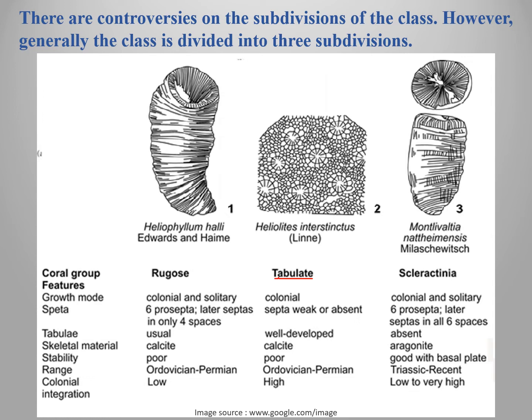The rugose corals may be solitary, that means they may occur as a single corallite, or they may also occur in a colonial fashion.